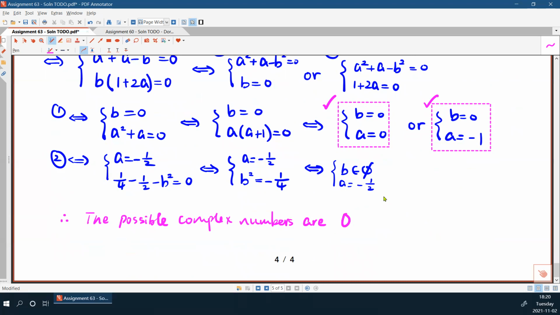Because 0 plus 0i is 0. Or minus 1 plus 0i, which is minus 1, right? So the only possible complex numbers are 0 or minus 1. Do you get it?